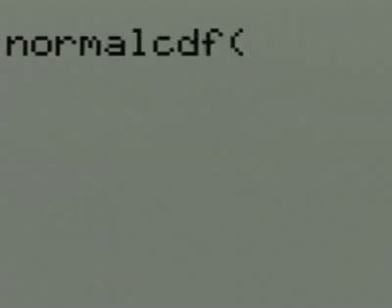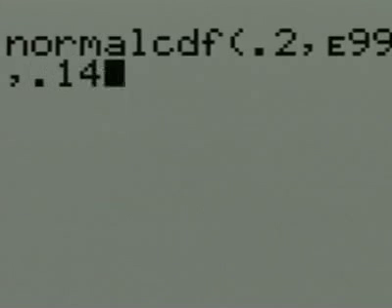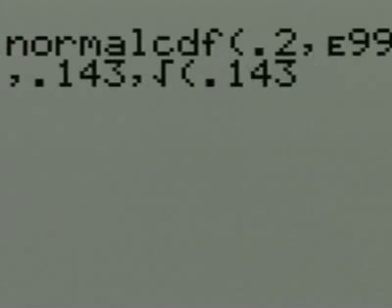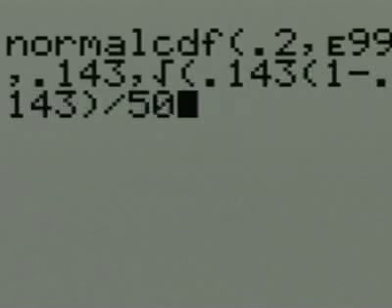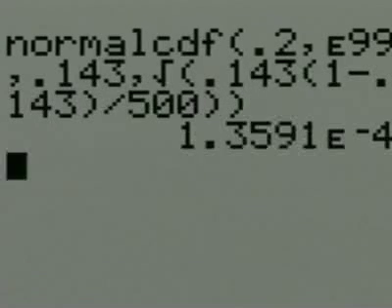I'm going to go to normal CDF. Lower bound was 0.2. Upper bound is E99. The mean is 0.143. The standard deviation is the square root of 0.143 times 1 minus 0.143 divided by 500. Hit enter.